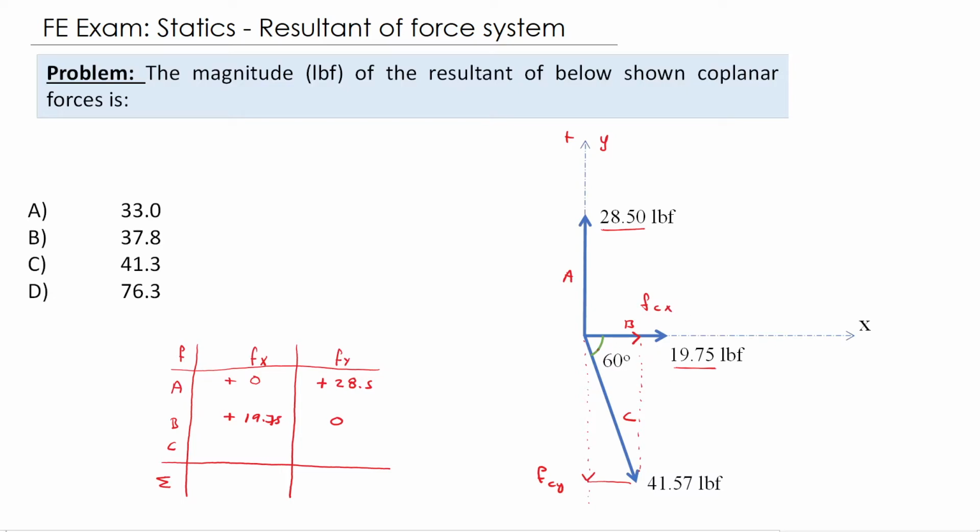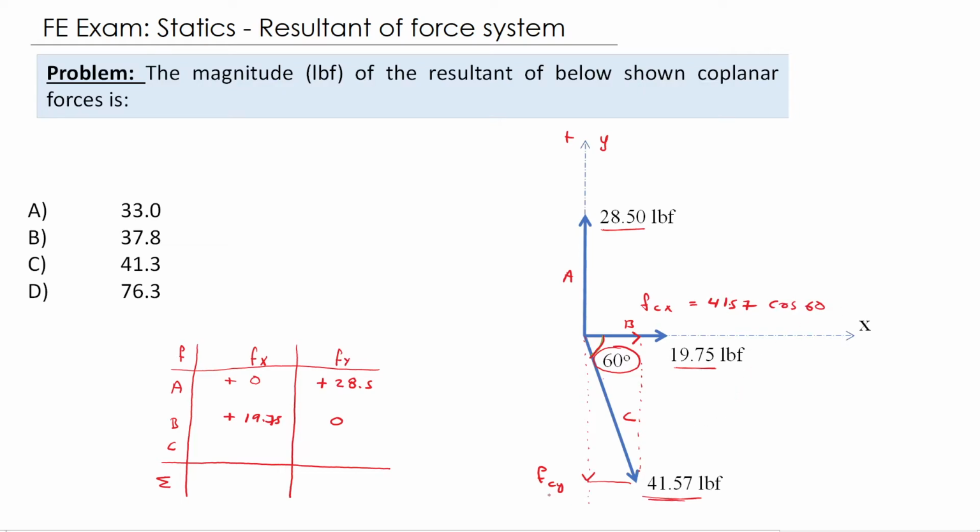Now, in order to evaluate f of cx, it should equal the force itself, which is 41.57. Now, if the angle that you are looking for is in between the axis and the force itself, you will use cosine. So it's cosine 60.